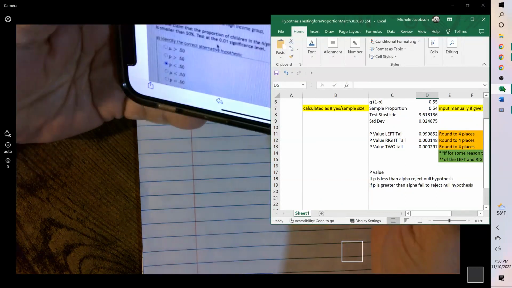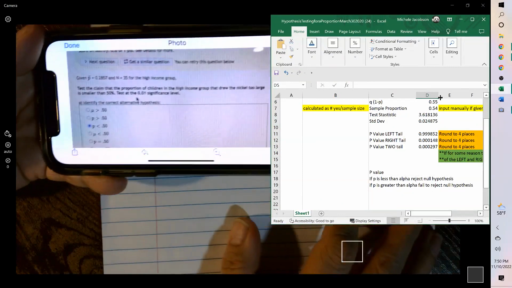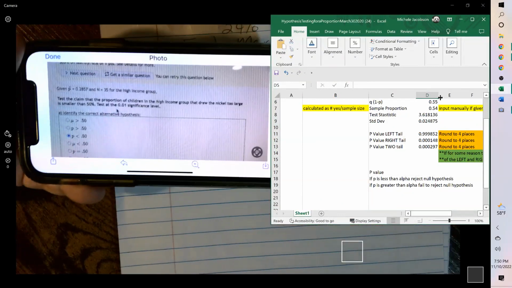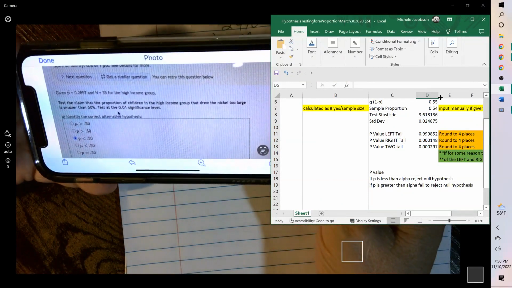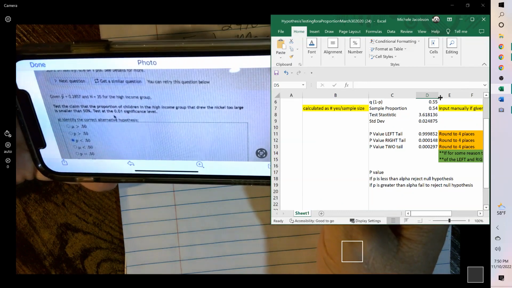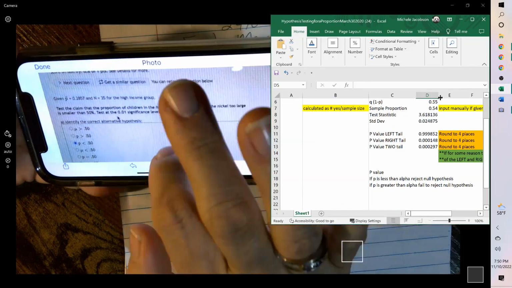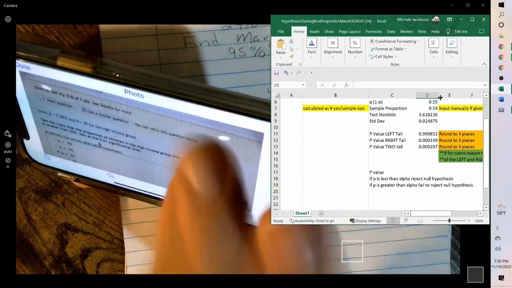So test the claim that the proportion of children in the high income group that drew the nickel too large is smaller than 50%. Oh, I think this was from the section before.